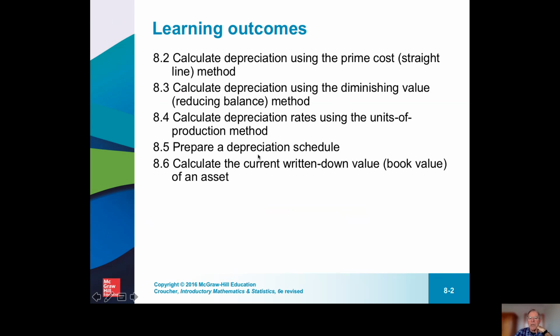Doing a couple of depreciation schedules. Excel lends itself to producing our depreciation worksheets and calculating the book value or carrying value of the asset that would be shown on the balance sheet.